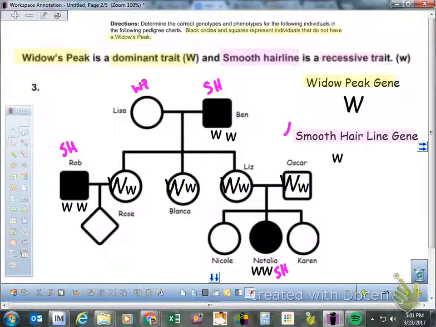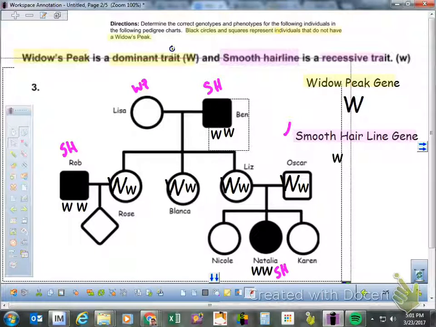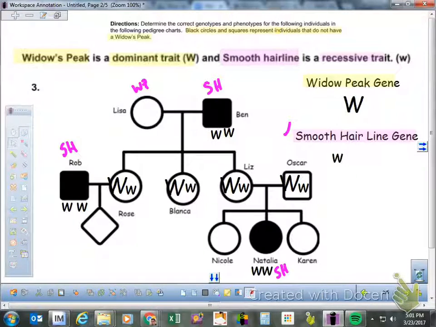And we also know a lot about Lisa too, because we know, well, actually, we can't tell for certain what Lisa's genotype is. Why can't we tell for certain? Because none of her kids are homozygous recessive.